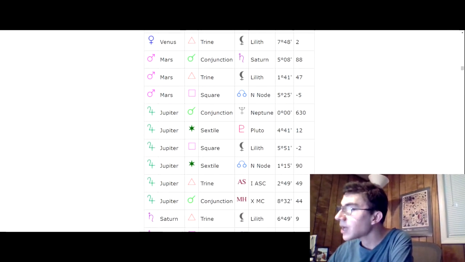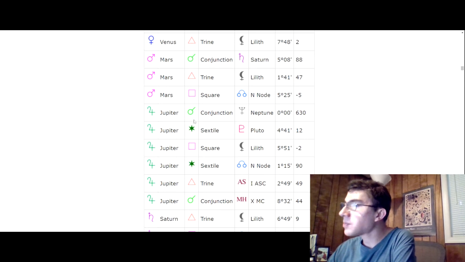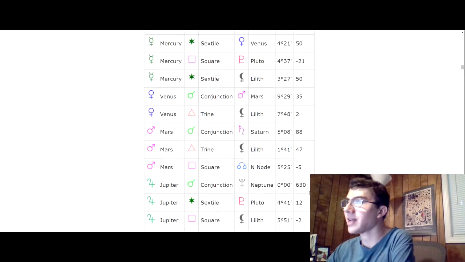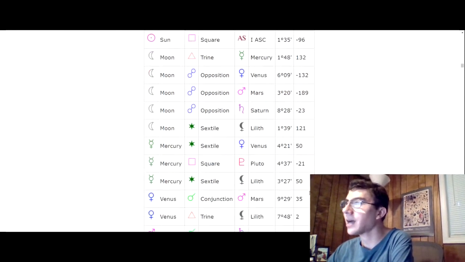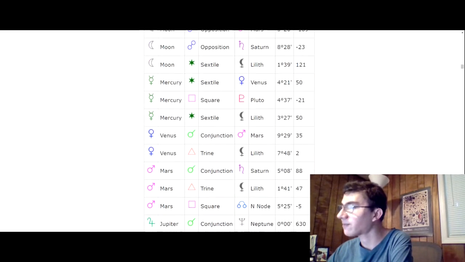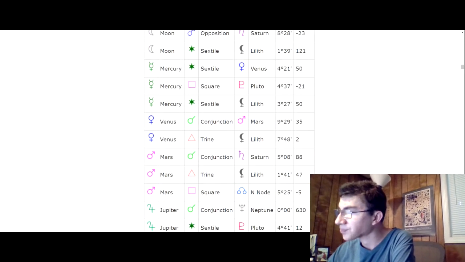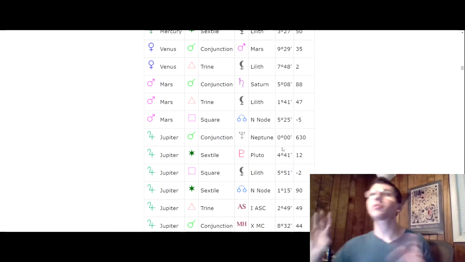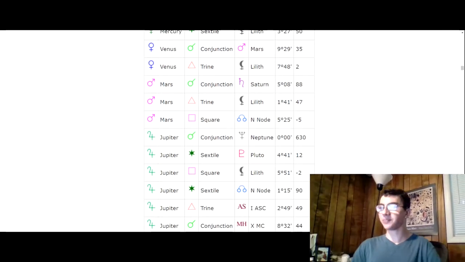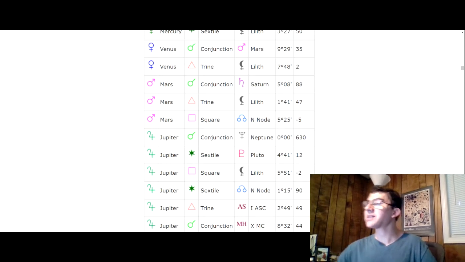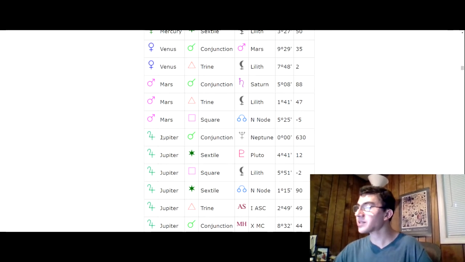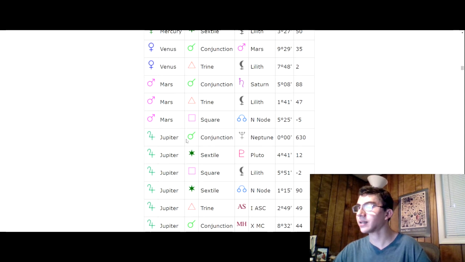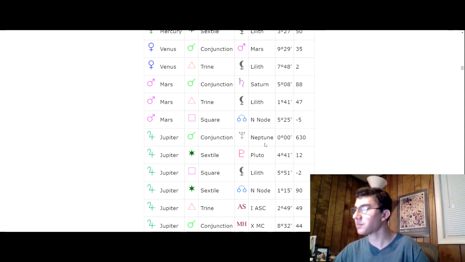So we have Jupiter conjunct Neptune. And if we look at the date, this chart is set for April 12th, 2022. And so you can see Jupiter and its glyph, the glyph for conjunction, Neptune.